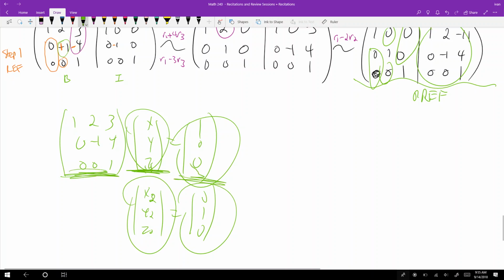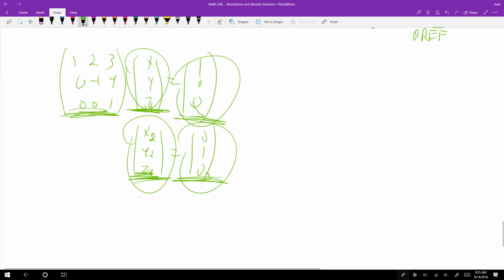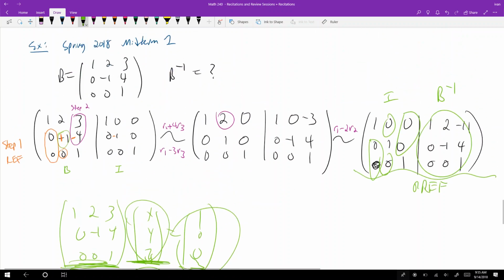Then we also wanted a second set of unknowns to equal (0, 1, 0), and a third set of unknowns to equal (0, 0, 1). But then I can just stack them all together and solve it all at once by using the reduced row echelon form way of solving the augmented matrix. All right, we'll move on.